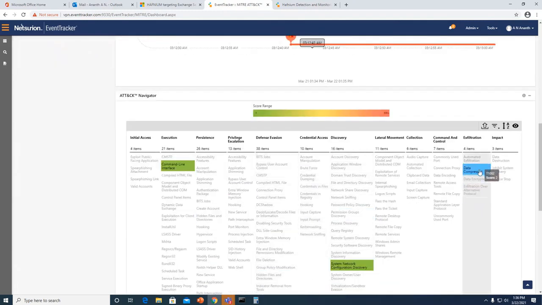These include data compression, which is a common tactic and technique during exfiltration. There is system network discovery. This is an attempt by the web shell to spread its legs internally and see what's what. And then you see execution, that command line interface has happened. So in sequence, it will be execution first, discovery next, and exfiltration last. And of course, you can expand any of these in EventTracker.